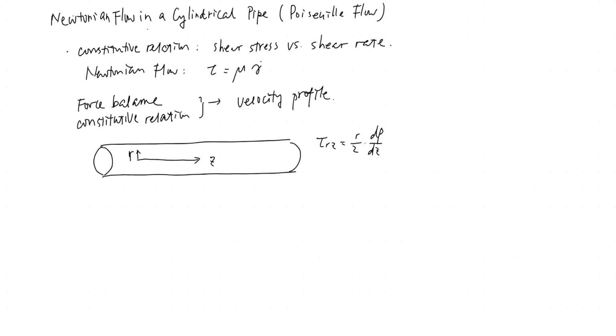Now for Newtonian fluid, the constitutive relation tells us tau RZ equals mu gamma dot equals mu dvz dr. So these two terms must be the same because both are shear stress. That means we have mu dvz dr equals r divided by 2 dp dz.